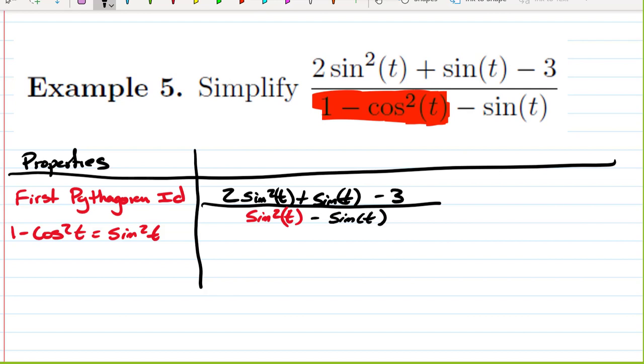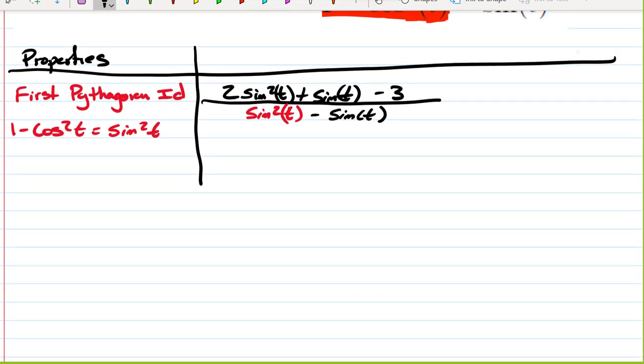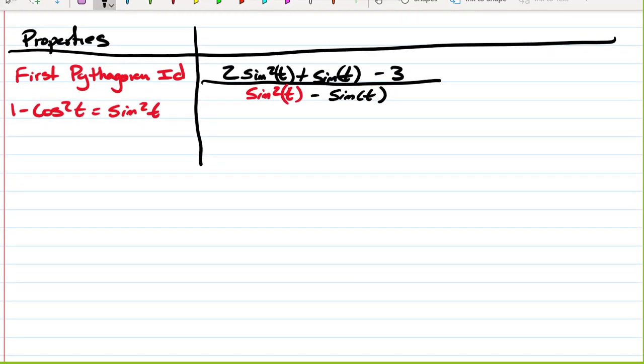All right, so our first Pythagorean identity helped us out here. The next thing we need to do is factor.